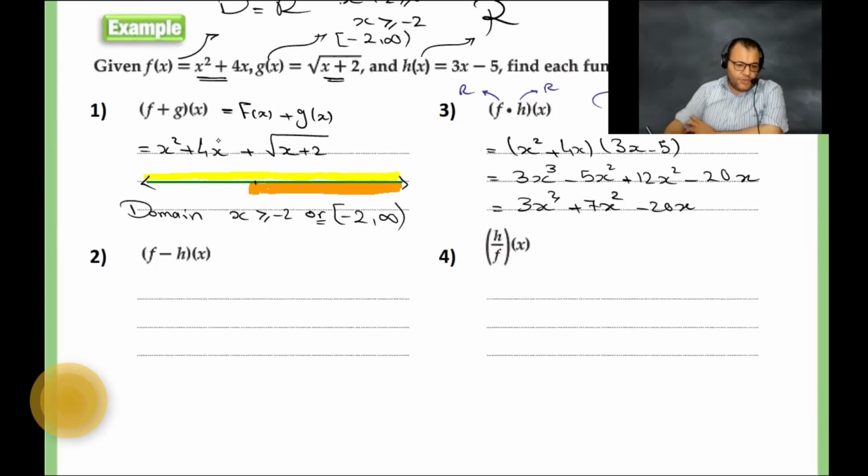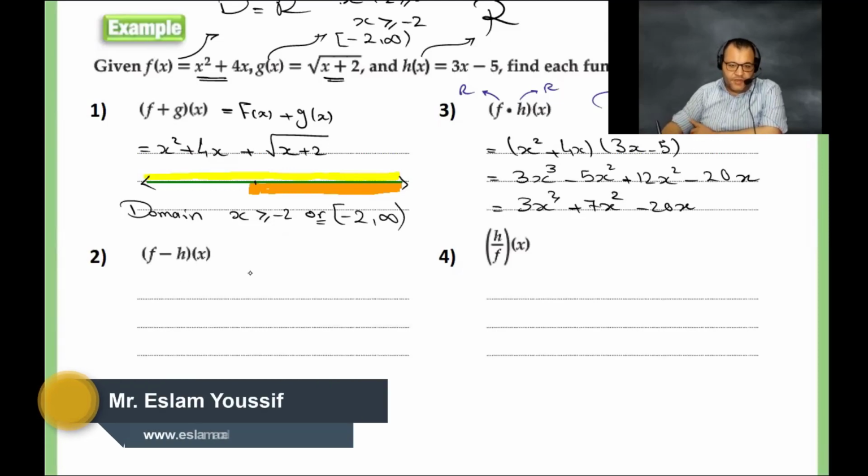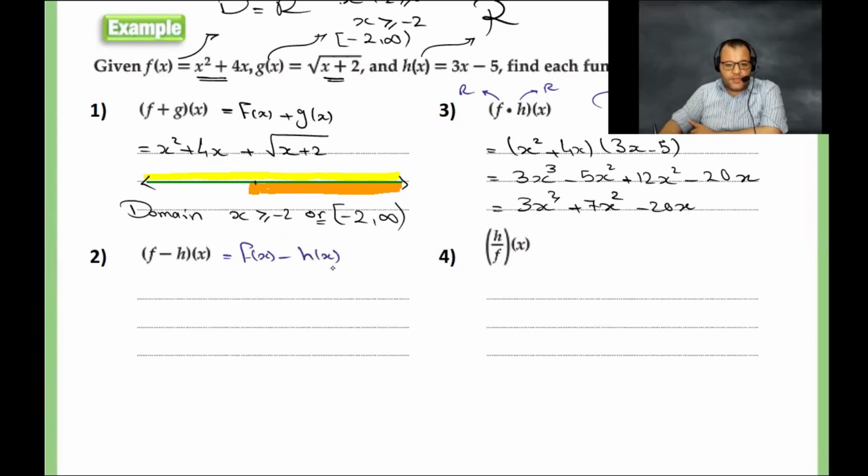Okay. So we need to find f minus h of x, which is f of x minus h of x. So it will be x squared plus 4x minus h of x, which is 3x minus 5.